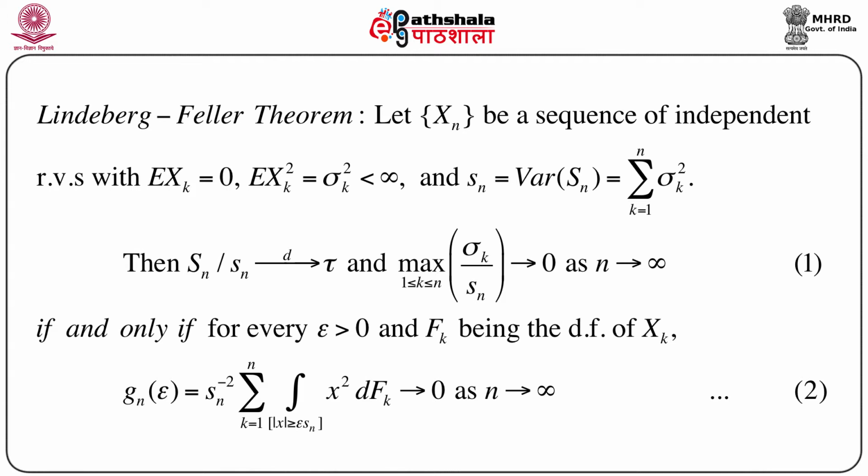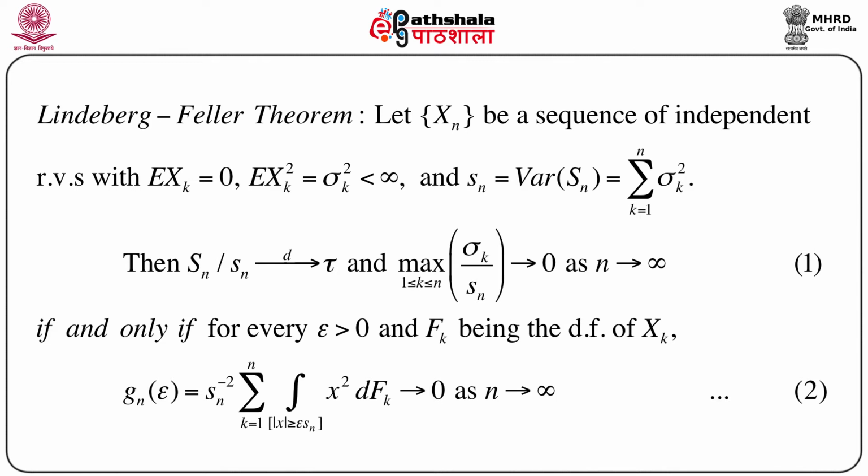and Fk being the distribution function of Xk, we have Gn(epsilon), which is sn to the power minus 2 times summation k equals 1 to n of the integral over mod x greater than or equal to epsilon sn of x square dFk, goes to 0 as n goes to infinity.